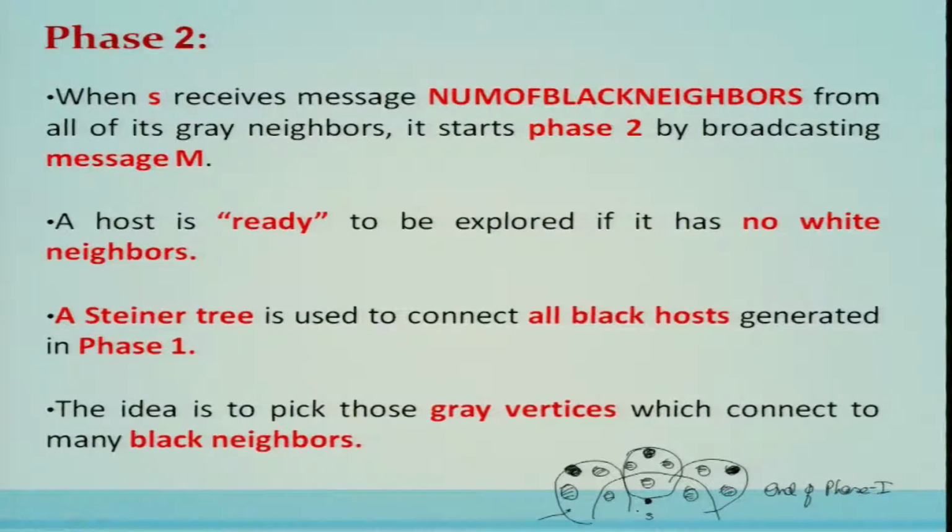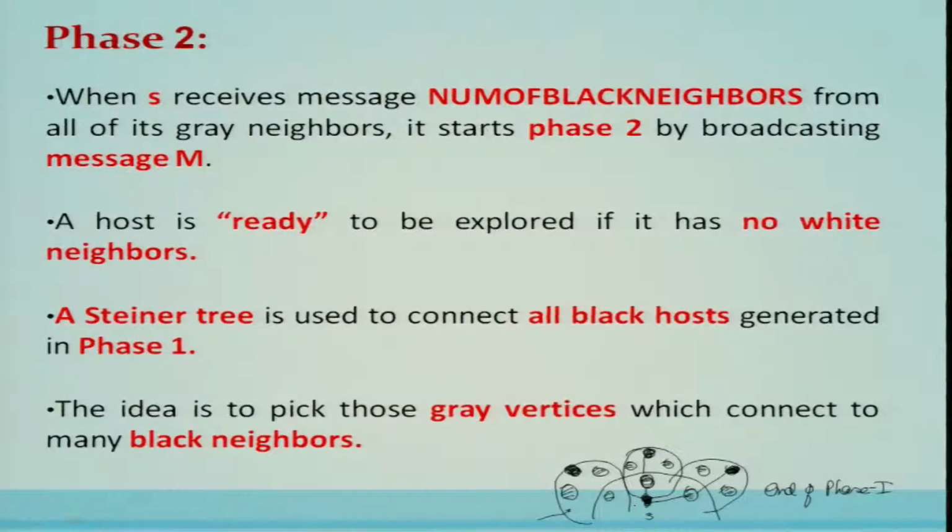Now when phase 2 begins, these gray nodes know how many blacks are in their neighborhood. For example, this particular gray has one black and one black, two black neighbors. Similarly, this one also will have this many black nodes, and so on.